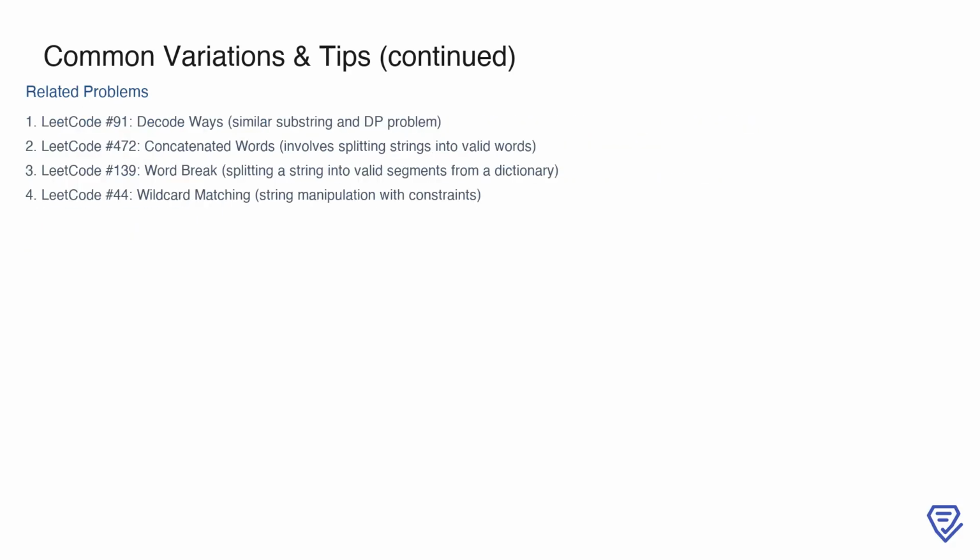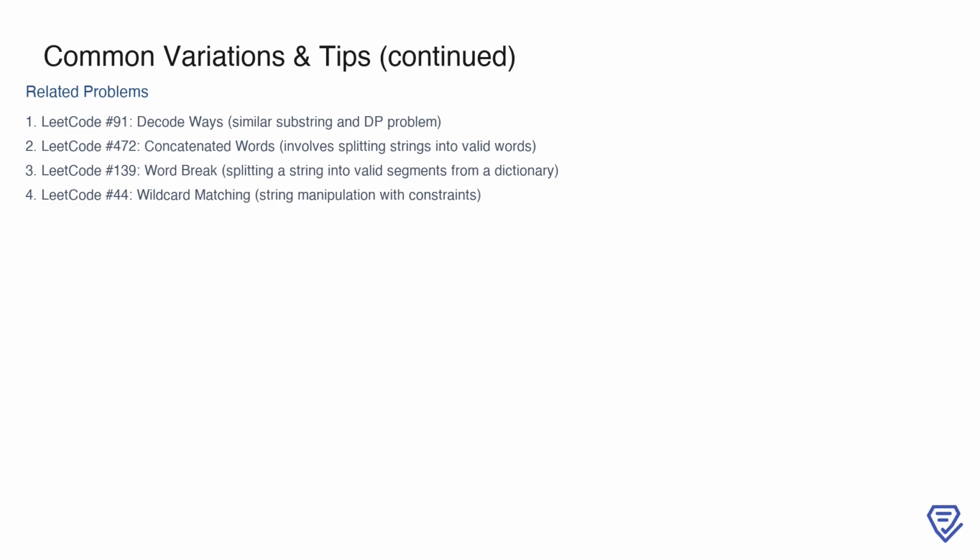This problem shares similarities with several other problems on LeetCode, making it valuable to study these related questions. For instance, LeetCode number 91, Decode Ways, involves substring manipulation combined with dynamic programming, a pattern you'll also encounter here. LeetCode number 472, Concatenated Words, focuses on splitting strings into valid segments, a concept closely tied to this problem.